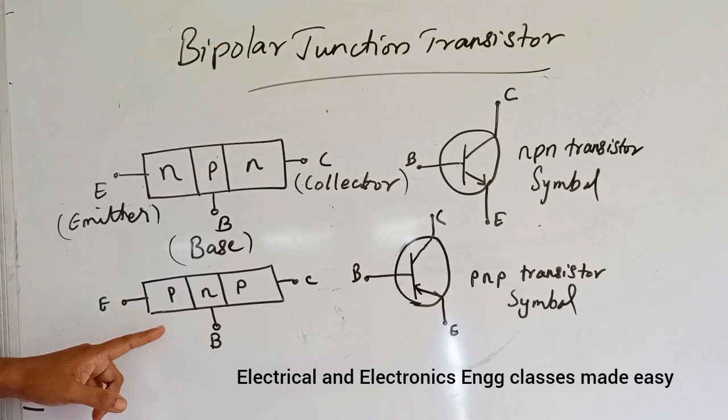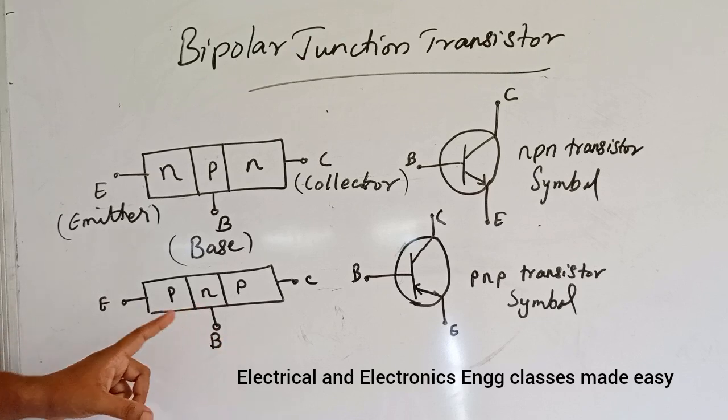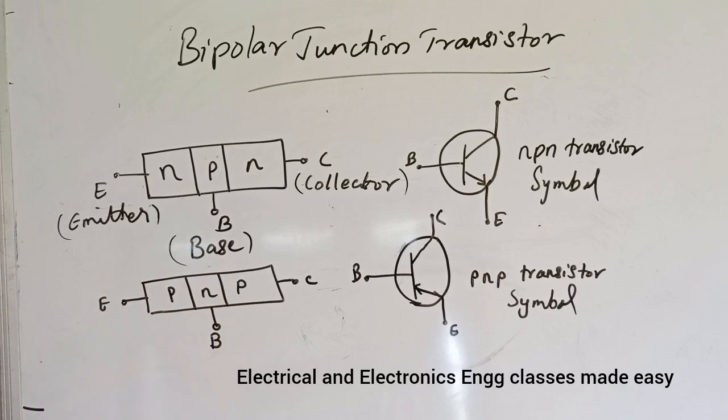and the other type consists of two p regions separated by n region, that is PNP.